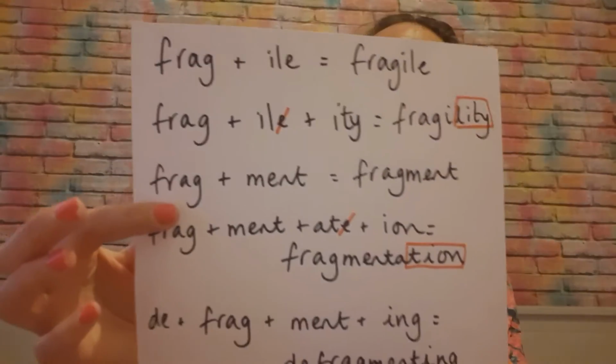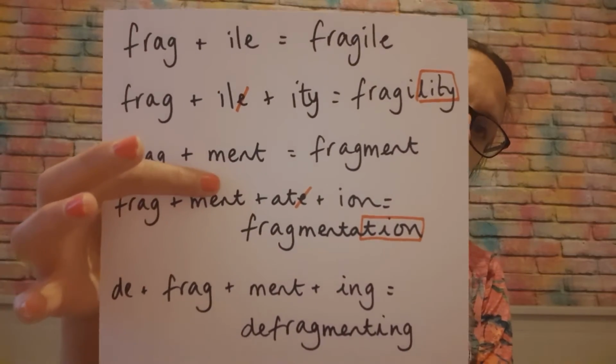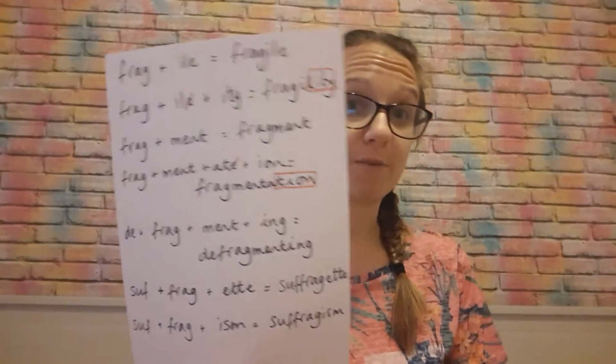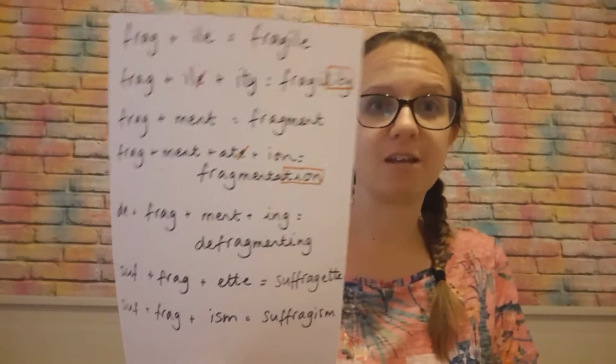We've also got this word here, fragment. That could be a noun or a verb. You could talk about a fragment or some fragments. If the fragile vase broke, you might end up with little fragments, little bits that have broken. Or you could talk about something fragmenting, about breaking them up.